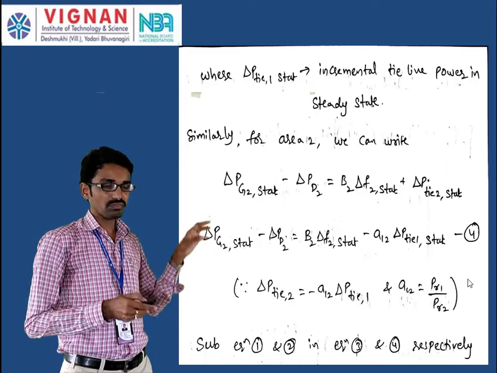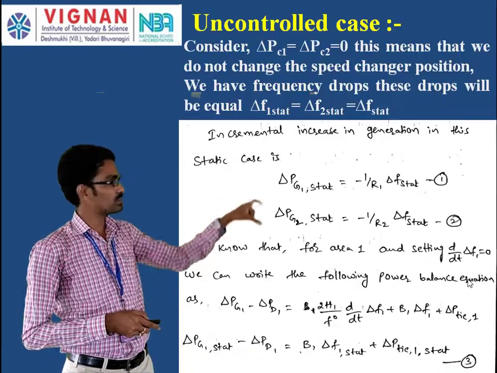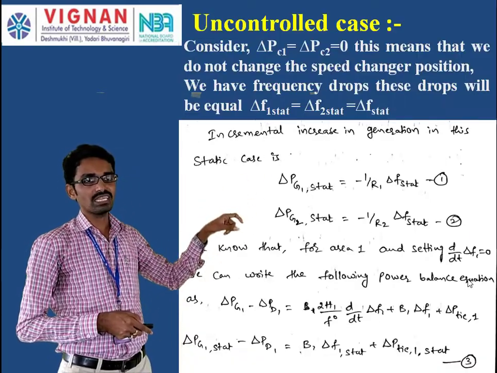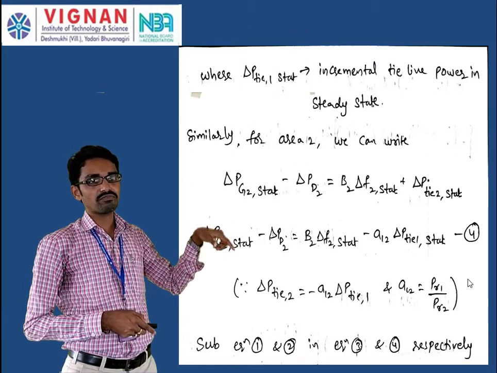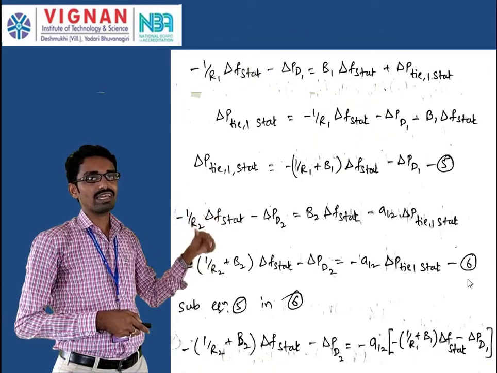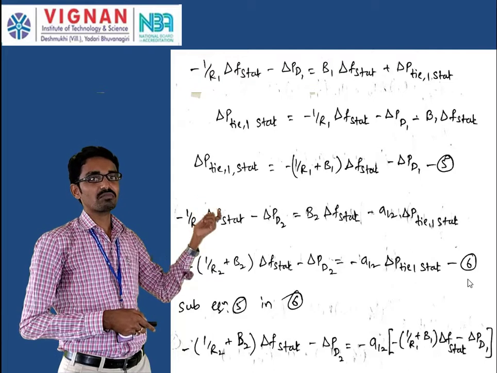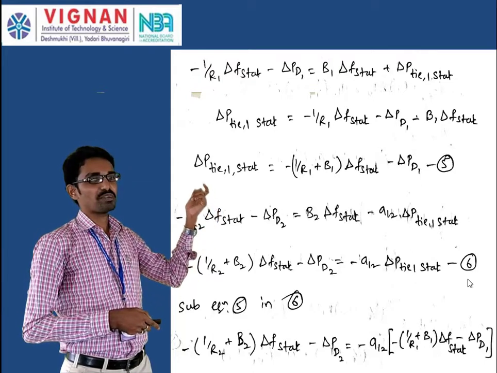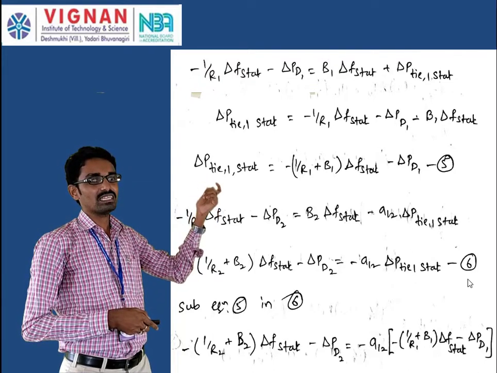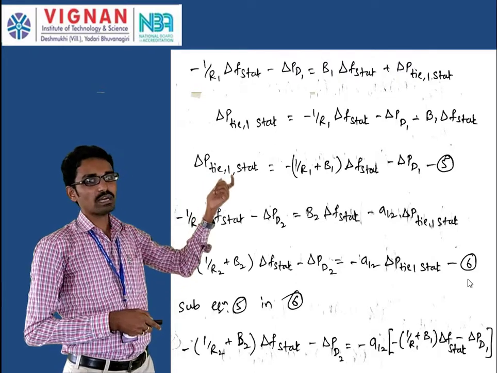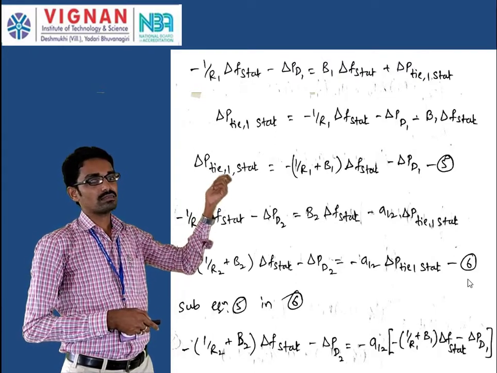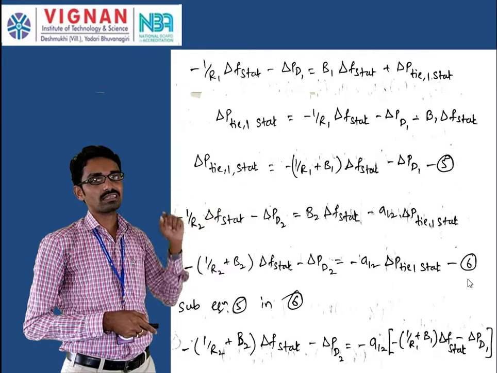Just substitute equations 1 and 2. There are two equations, equation 1 and 2. If you substitute in equations 3 and 4, you are going to get equations 5 and 6. That is nothing but minus 1 by R1 delta F static minus delta PD1 is equal to B1 delta F static plus delta P T1 static.